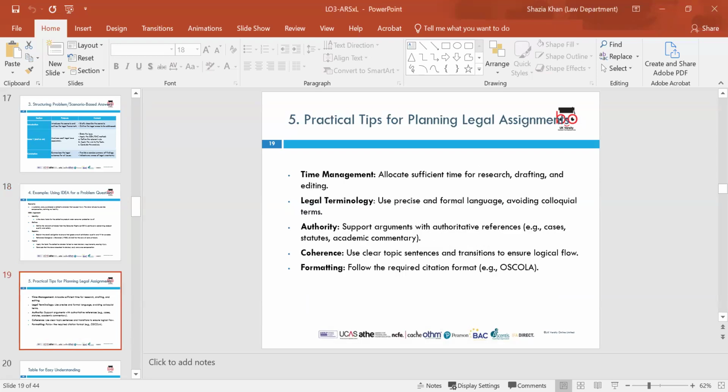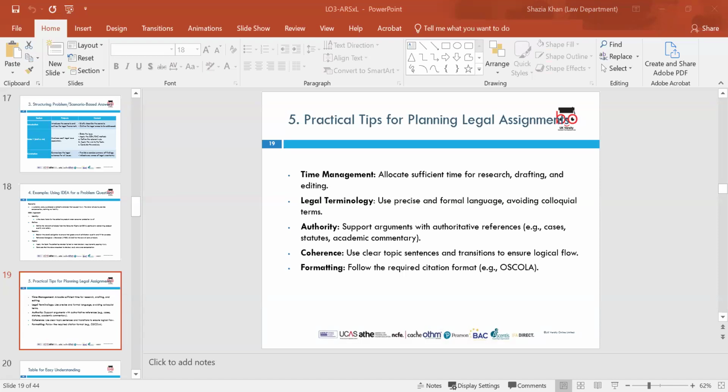Practical tips for planning legal assignments. It's really important to plan properly when you're doing your assignment, following structure and time management. Make sure you follow the instructions, plan your assignment work and manage your time to understand the process. Collect resources and legal terminology, making sure you use precise and formal language.